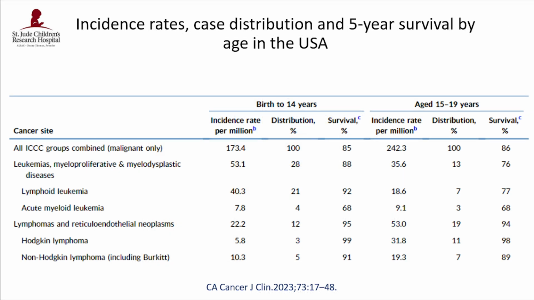This relates to the most recent incidence rates, case distribution, and 5-year survival by age in the United States. I remember in your narrative, you said the survival of kids with AML is about 80%, and you may be right, but that is restricted to a very small number of patients.